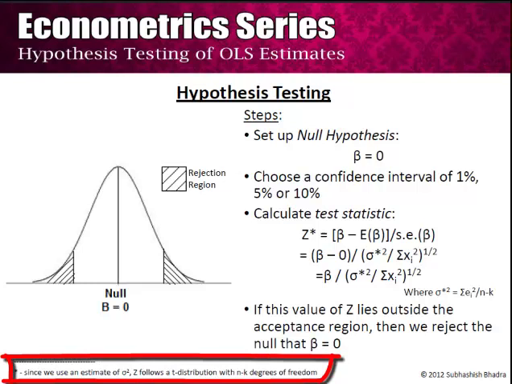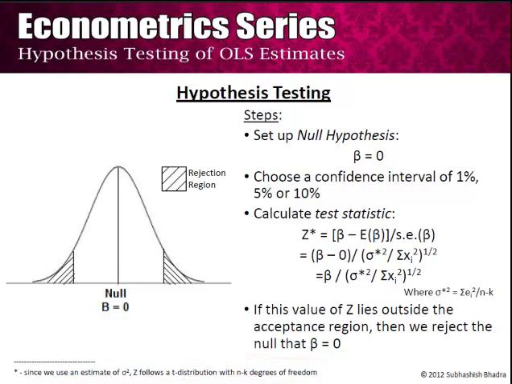It follows a t distribution with n minus k degrees of freedom, wherein k is the number of explanatory variables in the model, in our case 2.